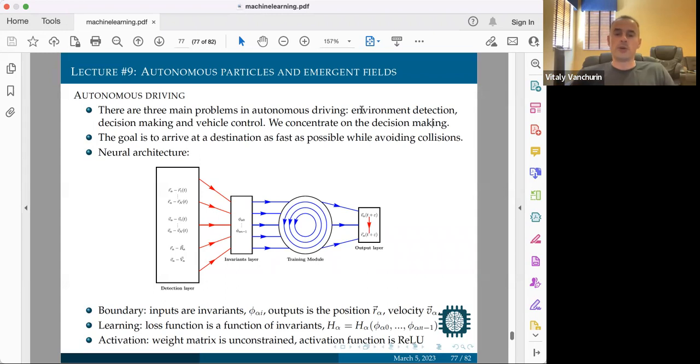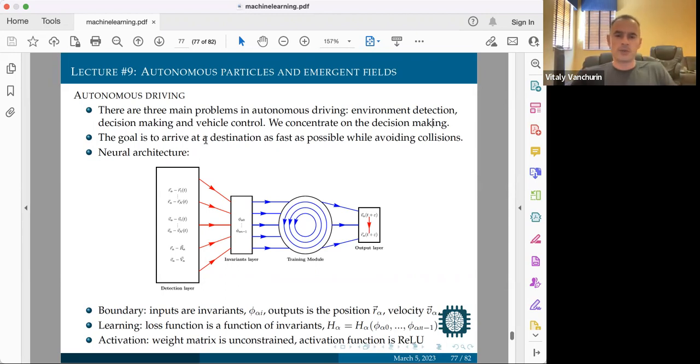So if we are to compress the coarse-grained information about the environment, maybe we should just stick with the invariants, because if they're not invariants, it would be unusual to make different driving decisions in different places. Now, it's not completely true, because you may make different driving decisions if you drive in New York or in Minnesota, but we're ignoring all those problems.